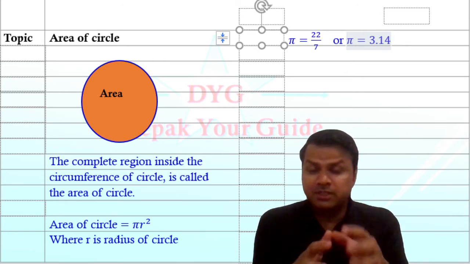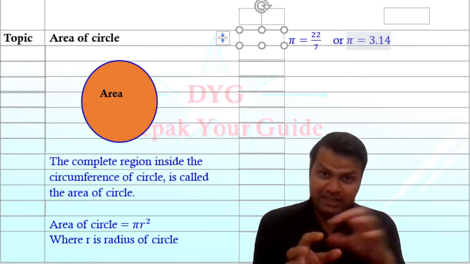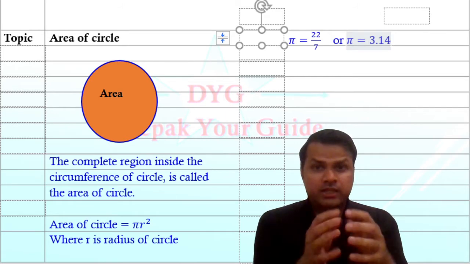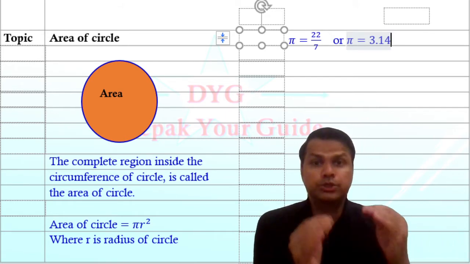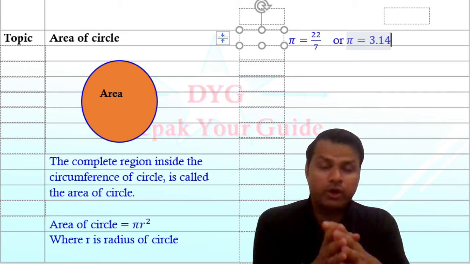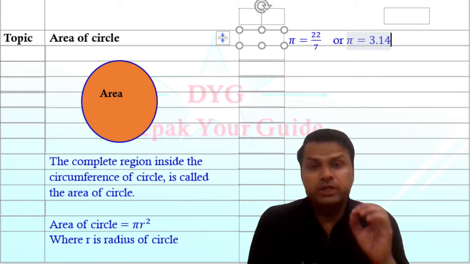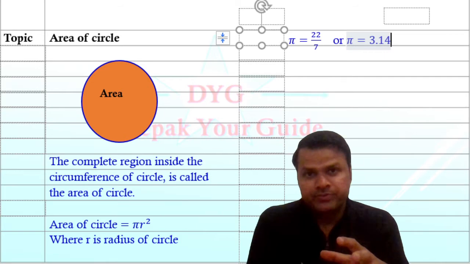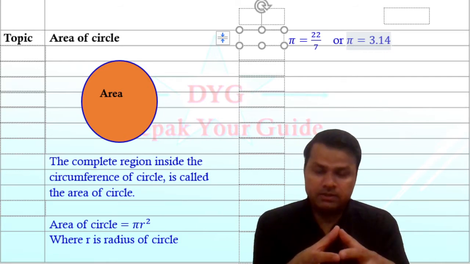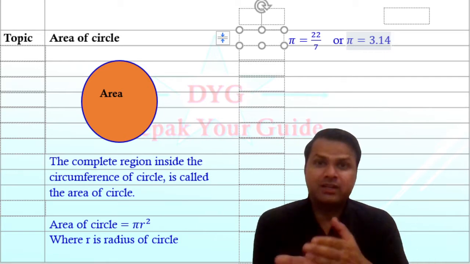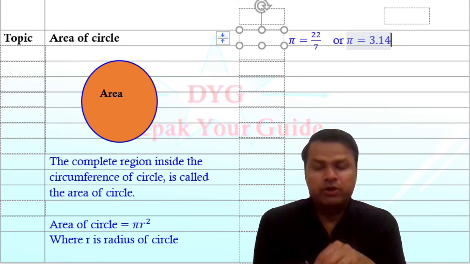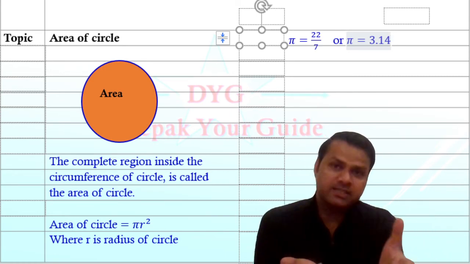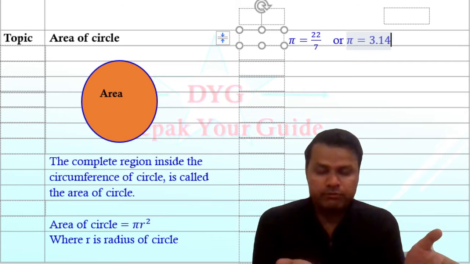Now, sometimes in the question, they will specify at the end of the question in the bracket to use pi equal to 22 by 7, or they'll say use pi equal to 3.14. Make sure you read the question carefully, because your teacher may deduct your marks saying that in the question it was specified you have to use 22 by 7 and you have used 3.14.